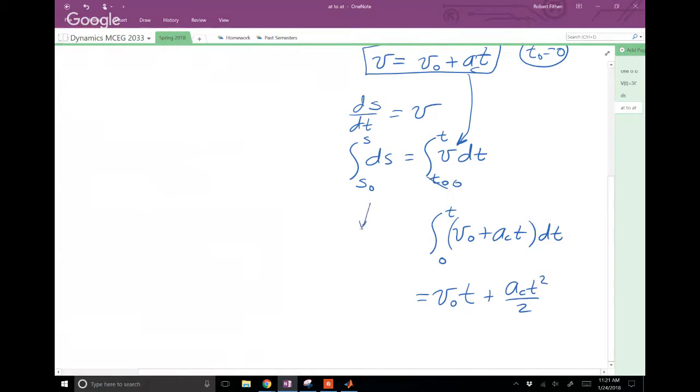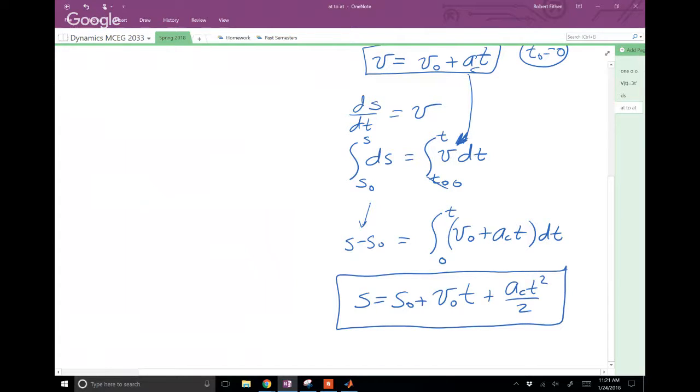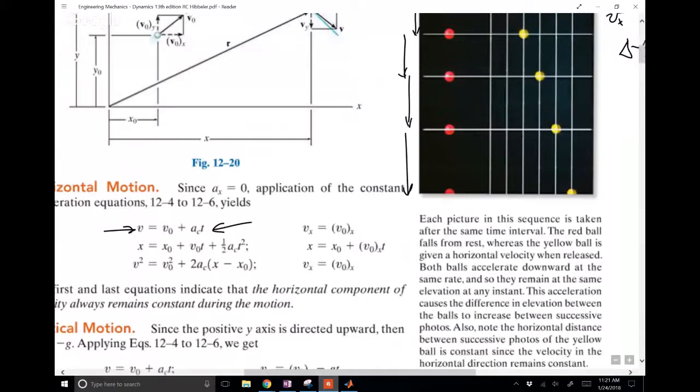But then on this side, you ended up with S minus S naught, or S is equal to S naught plus that. If you stare at that a minute, you're assuming that acceleration is constant. You drop this down, it makes sense. But then you've got to carry out the integration. You end up with this equation out of it. Now, again, this is assuming that t naught is started, the clock starts when you started the experiment, so to speak. Why you would want to do it any other way, but you could.